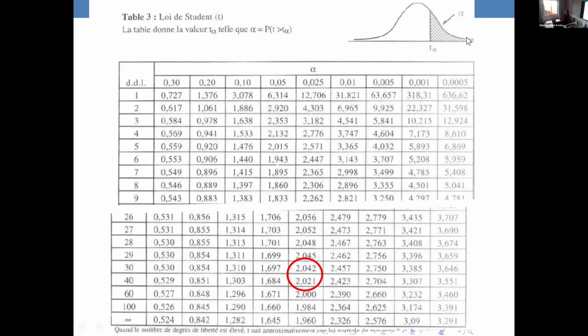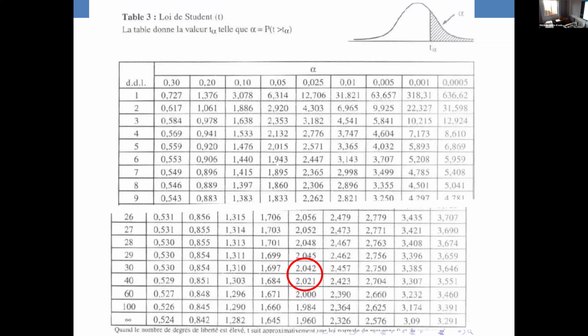They're telling you just the unilateral values. And some tables are bilateral straight away. So this table is unilateral, which means because we only get one side, we have to look for the alpha, which is equal to 2.5. So listen, I will explain. We are in the case where we're interested in a bilateral hypothesis, okay?